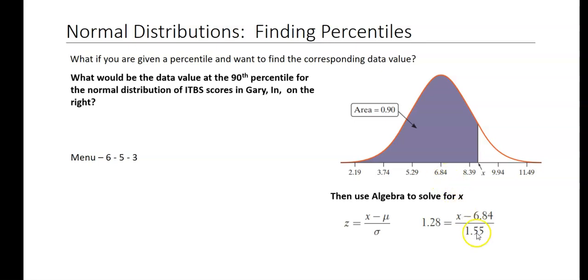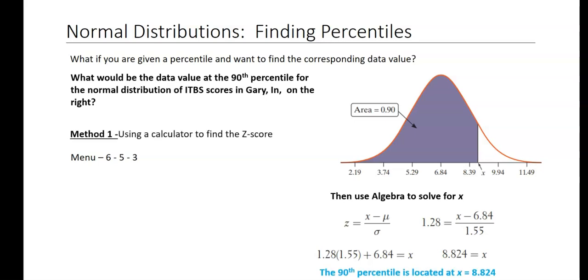So you subtract that, and then the standard deviation is 1.55. You solve that, so use algebra or the solve command, and you get 8.824. And so we figured it was between 8.39 and 9.94 because it's 1.28 standard deviations above the mean. But this will give you the exact value, doing those steps.